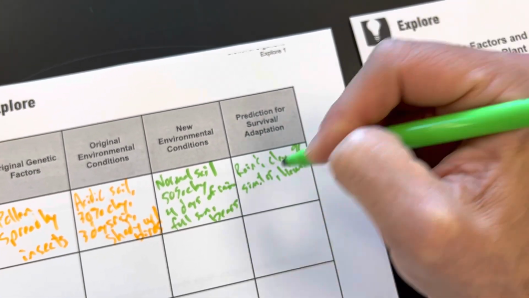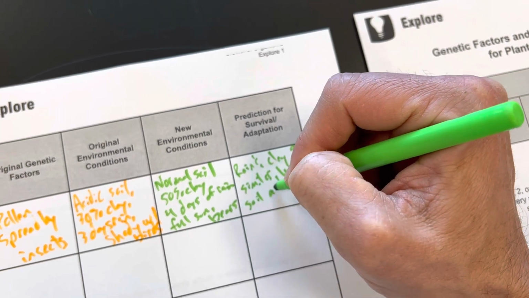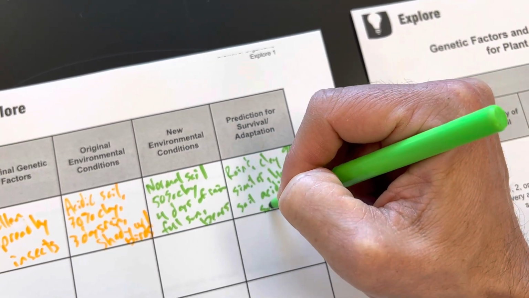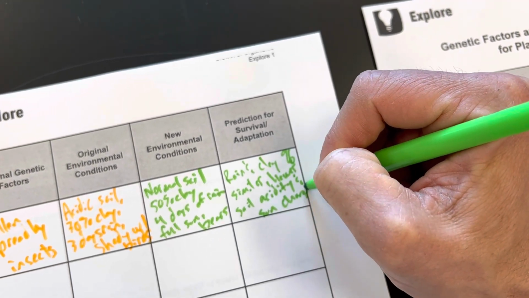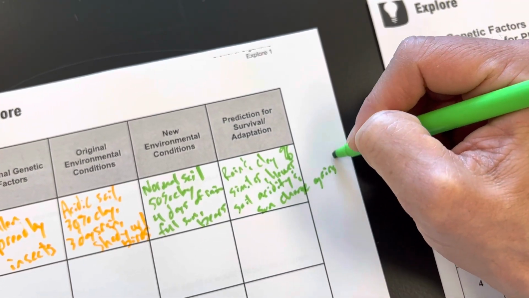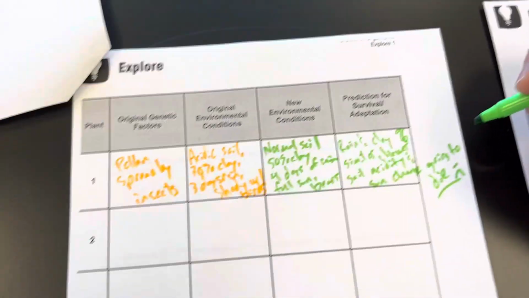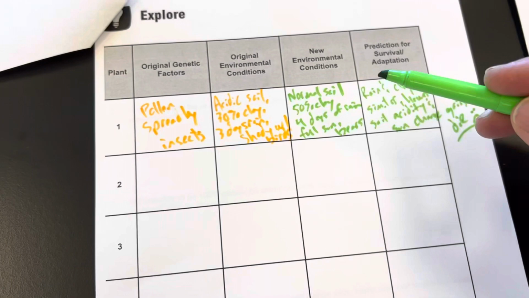However, the soil acidity and sunlight change probably means it's going to die. Sad face. Okay, and I just did my first plant.